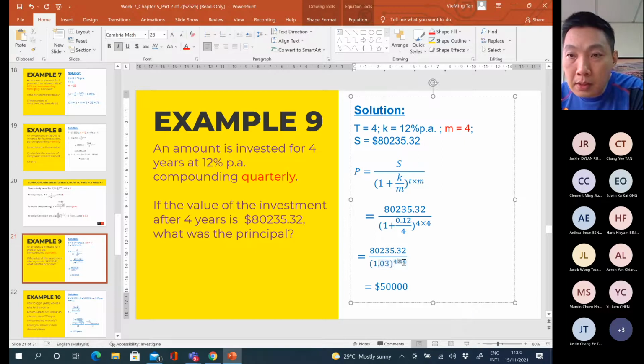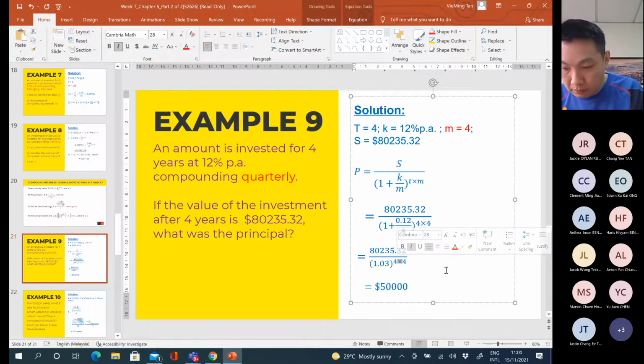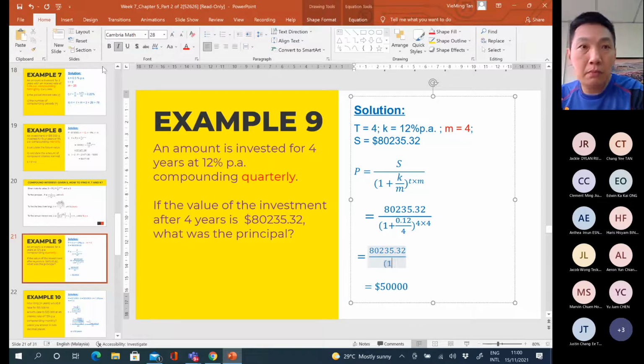Power number is 16. Okay, so simplify, I get 50,000. So make sure that you know how to use calculator to get 50,000.